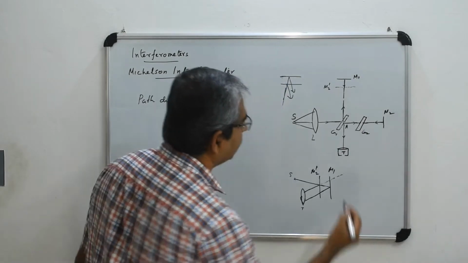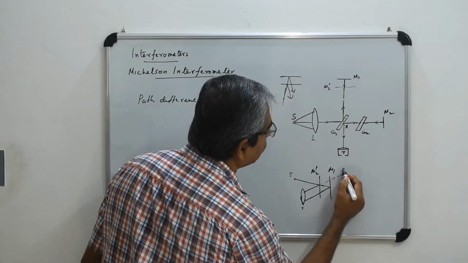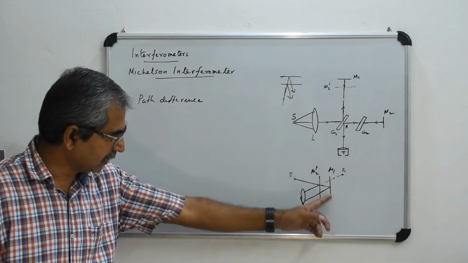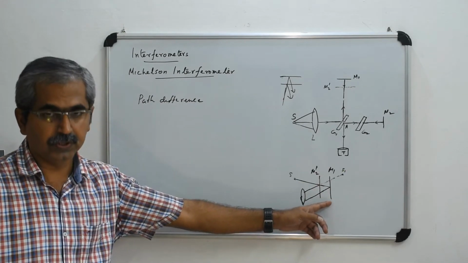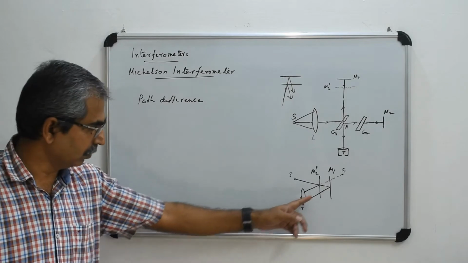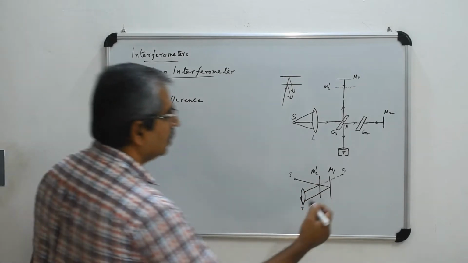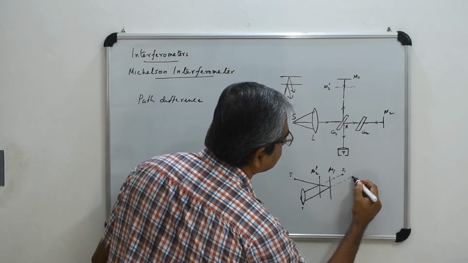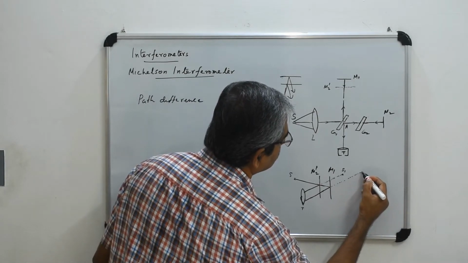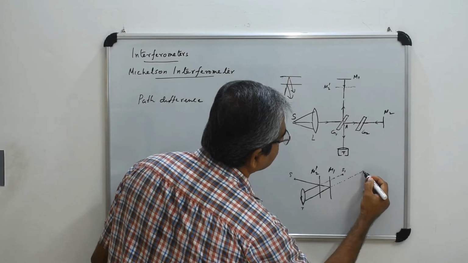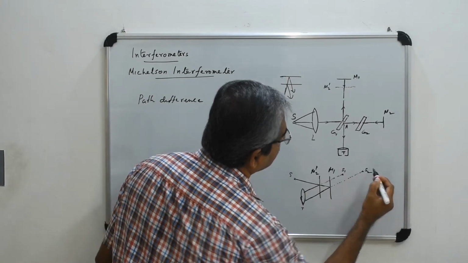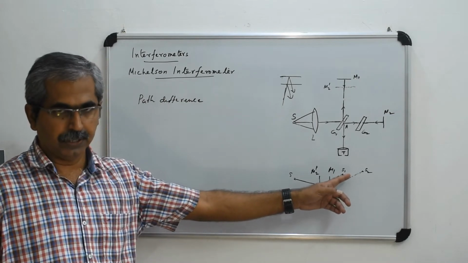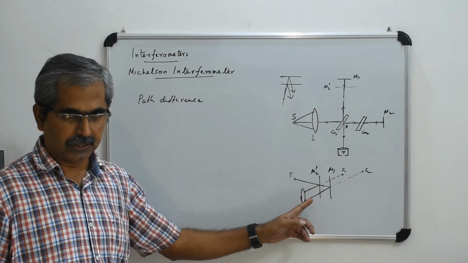So this will be the position where you will observe one of the images. And then there is reflection from M1 also. Where will you see the image because of that reflection? We can extrapolate again, like this. So this is where you will observe the second image. I think you understand this one.